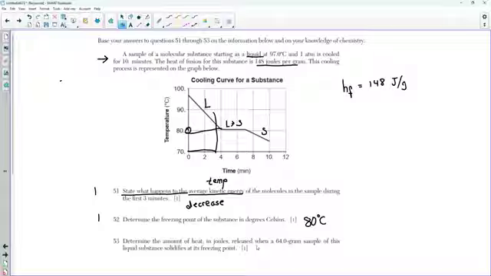And last but not least, determine the amount of heat in joules released when a 64-gram sample of this liquid substance solidifies at its freezing point. Here you're going to use the Q formula. Q is equal to m times heat of fusion. The heat of fusion can be the heat absorbed to melt or the heat released during freezing.